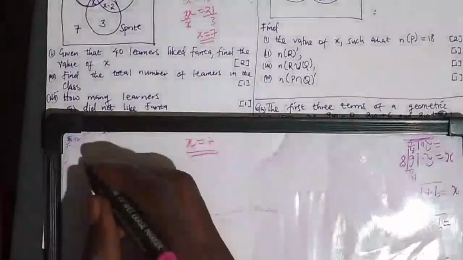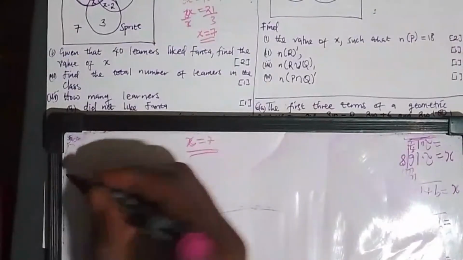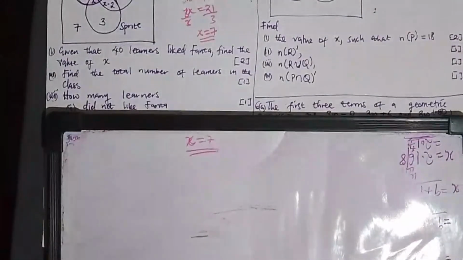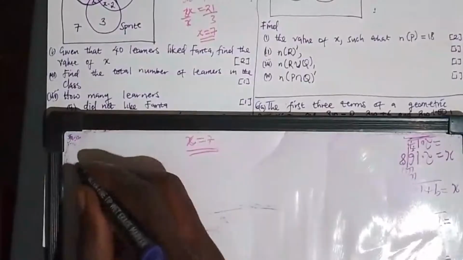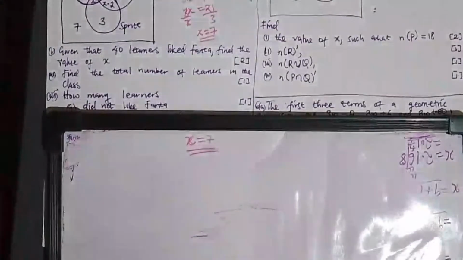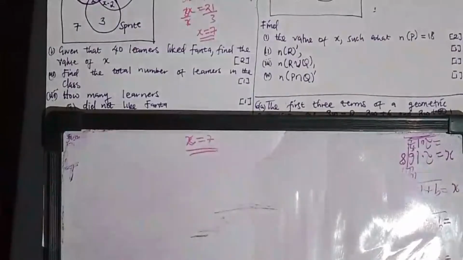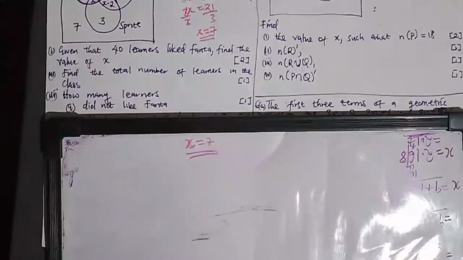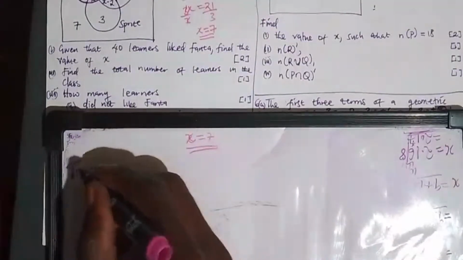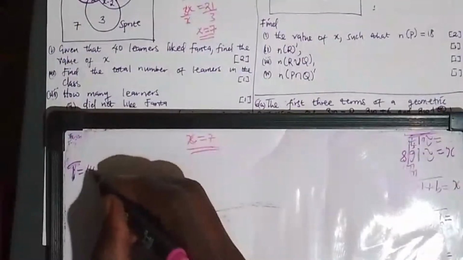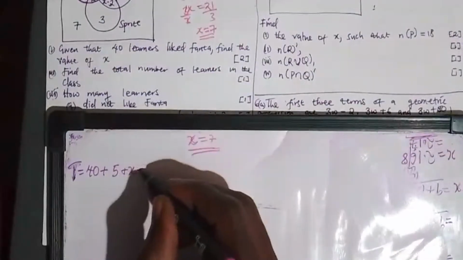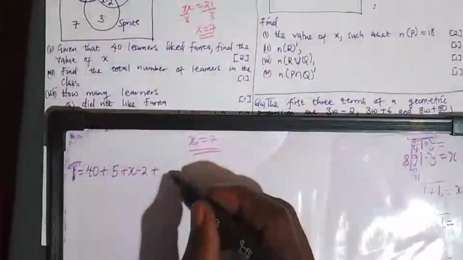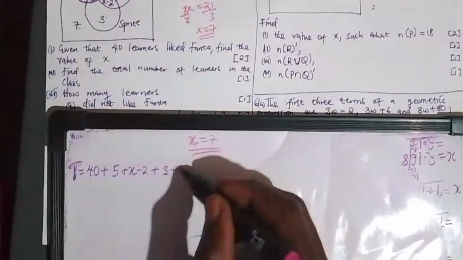So you're just going to say the total number is equal to Fanta, we had 40, plus 5, which is for Coke, plus this one, x minus 2, plus 3, plus 7.